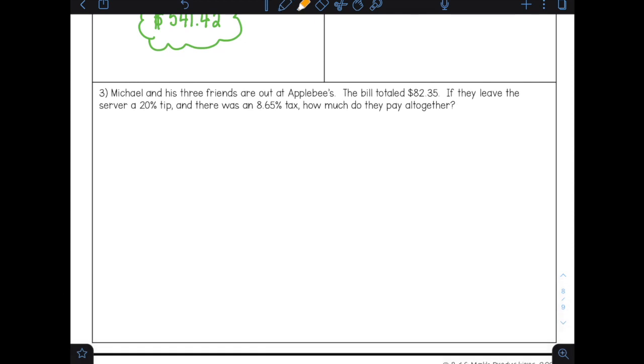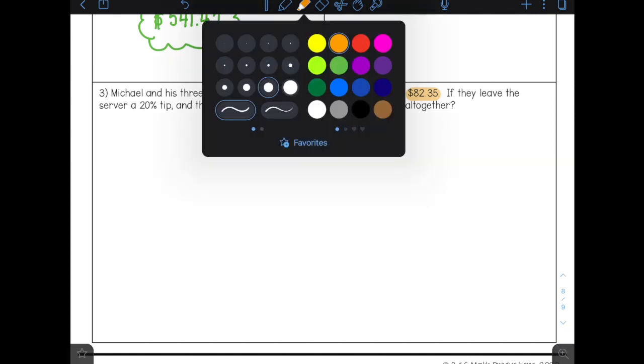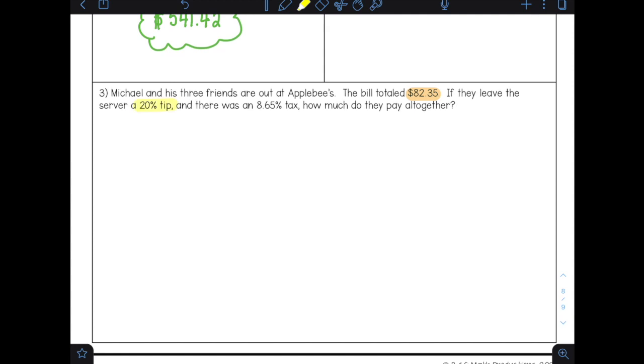Okay, we have the total bill, which is $82.35, and then we have both the 20% tip and the 8.65% tax. So I'm going to draw a line down here. Okay, first thing I want to do is find the tip.